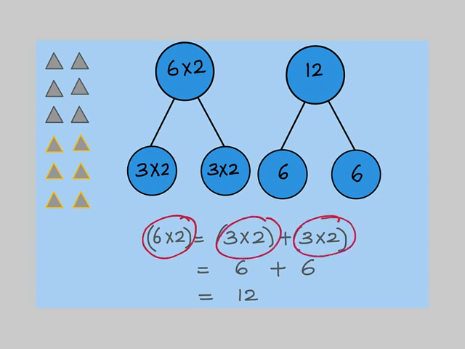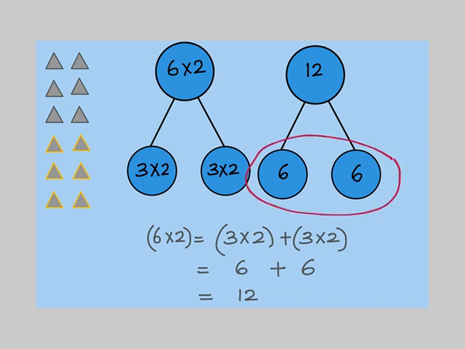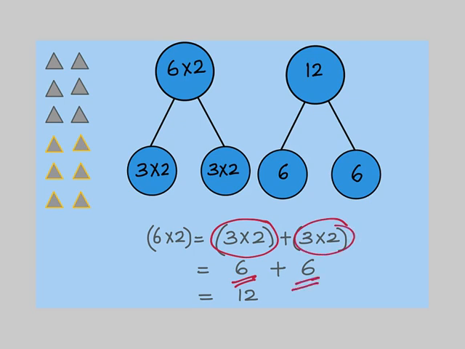I have added 2 parts. When we add 2 parts, we get the total. So for example, if we add 6 plus 6, we get the total 12. So I have added 3 times 2, which is 6, and again 3 times 2, which is 6. So 6 plus 6 gives the total 12. So there are 12 triangles in this array.